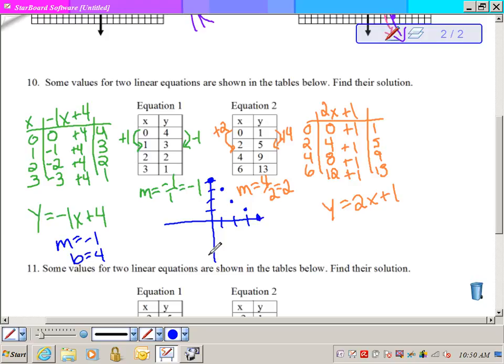Right? Over here, my slope is, my y-intercept is, so I start at 1, and then what? Up 2 over 1, and that's actually that point there. So what is my solution? 1, 3.